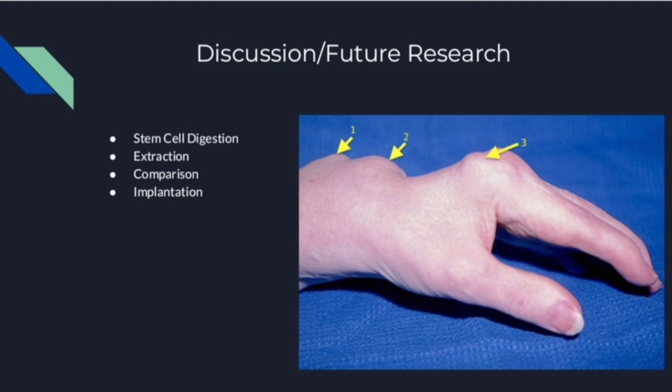And as we've learned through this presentation, stem cell digestion is the base for most research articles that dive into stem cell research, whether that be with bovine or synovial mesenchymal stem cells. We have looked at the extraction process and the sampling process and how they are separated into cells, as well as the comparison between different types of stem cells to see which stem cell has a better chance of differentiating different tissues.